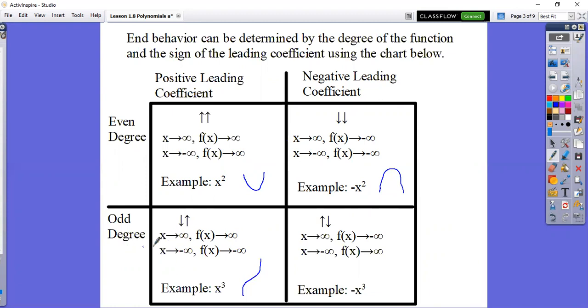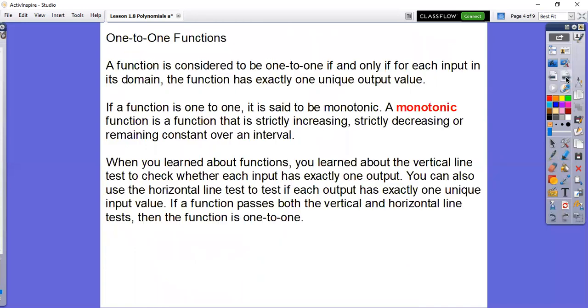And if I have a positive leading coefficient and odd degree, as x approaches infinity, f of x will approach positive infinity. As x approaches negative infinity, f of x will approach negative infinity. And then negative x cubed, so negative leading coefficient, would do the opposite. Left side up, right side down. Feel free to pause this and take some notes on this table. We're going to keep moving.